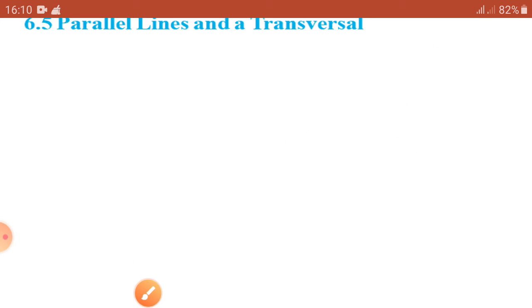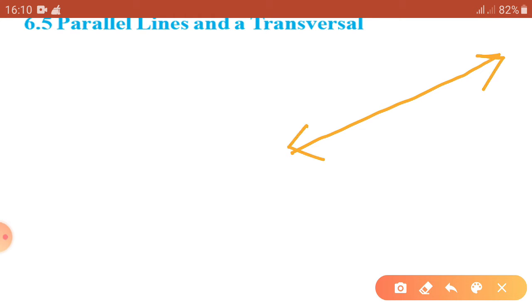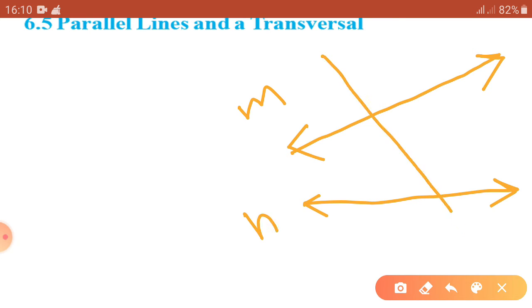So now recall that in the earlier classes you have named some pairs of angles formed when a transversal intersects two lines. These are as follows. If I draw the figure again, M line here, N line here, and then L line here.